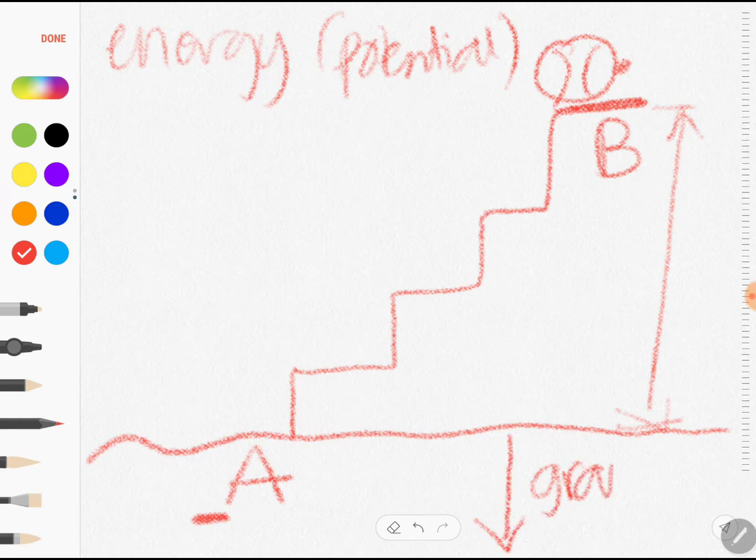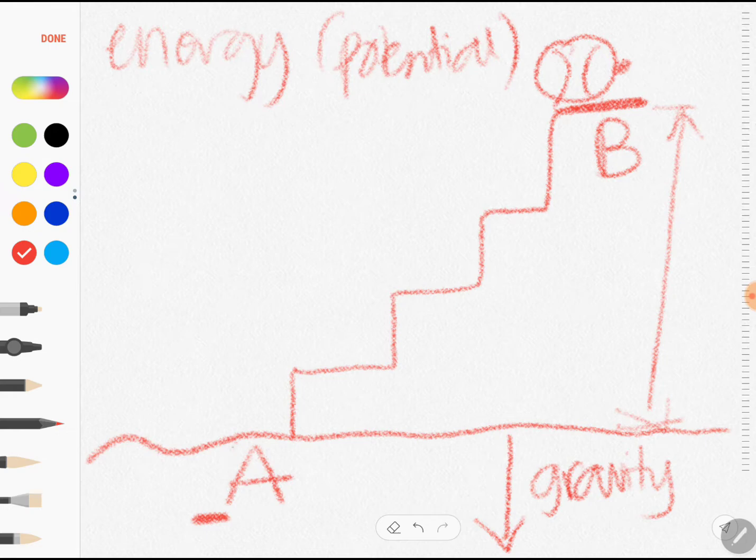Now, we know that gravitational force, I'll just assign this as gravity, is directed downwards. Now, if we have the ball here, and we want the ball to change position from position B to position A, will it move naturally from B to A?